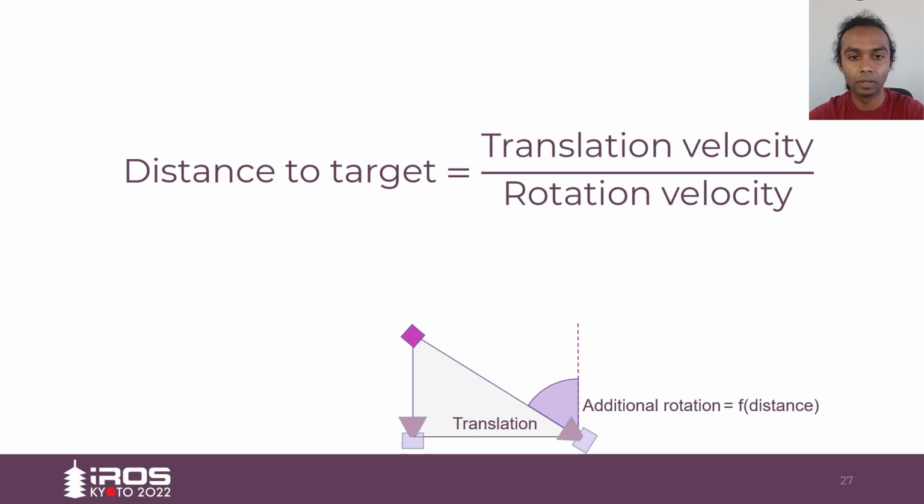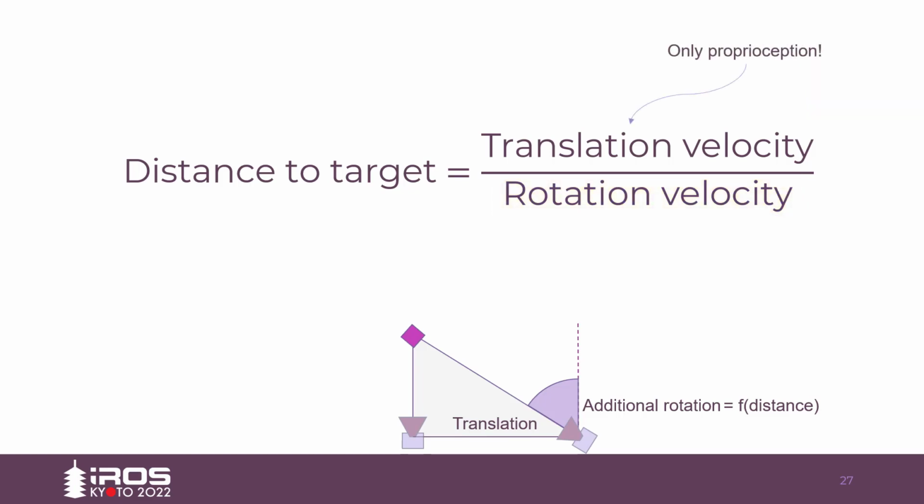This is unlike traditional structure from motion, where effects of rotation are usually compensated. We demonstrate that rotation gives valuable information. Importantly, this leads to accurate distance estimation because it results from the robot's own movement, that is, proprioception, which is a reliable signal available on most robots.